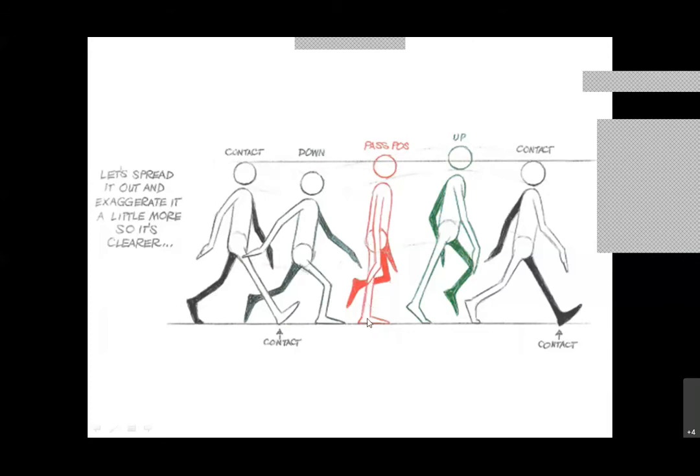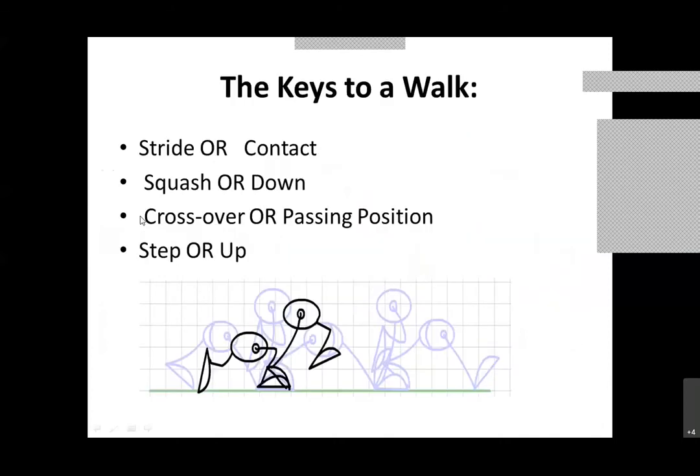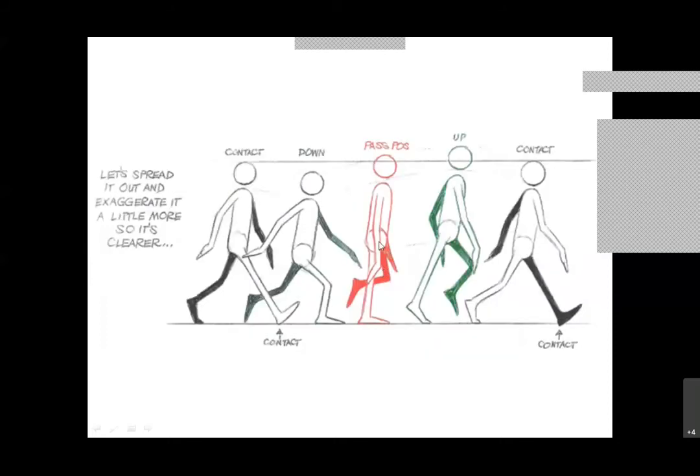So the passing position, notice that the leg is straight, but the foot is planted horizontally on the ground. The reason why it's called the passing position is because of how the back leg passes the other leg.